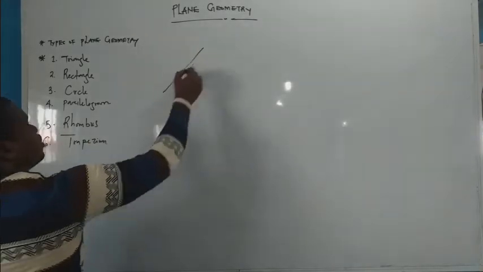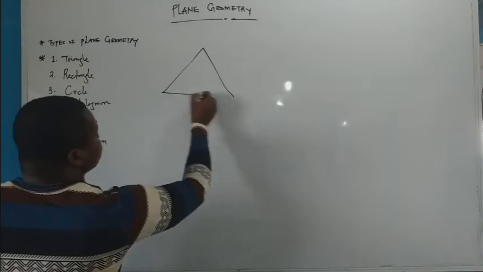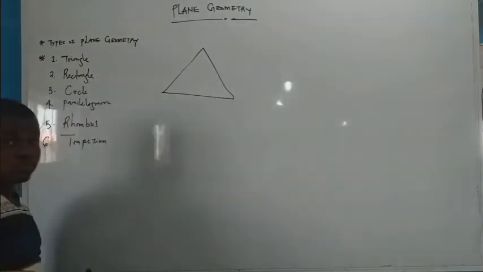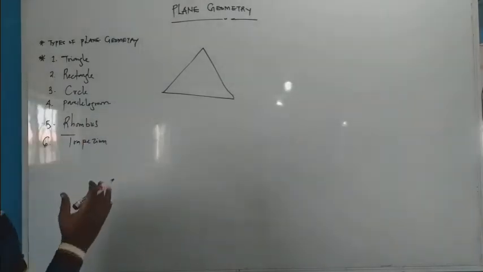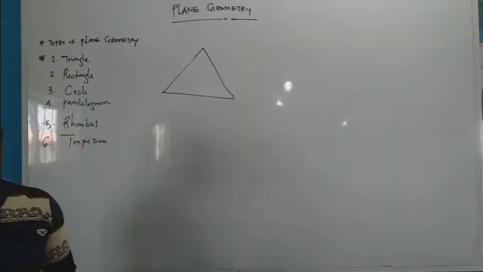So let's take a look at the first one, which is the triangle. A triangle looks like this. From the word triangle, it simply means it consists of 3 angles. Is that clear? 3 angles make up a triangle, and it also consists of 3 sides.